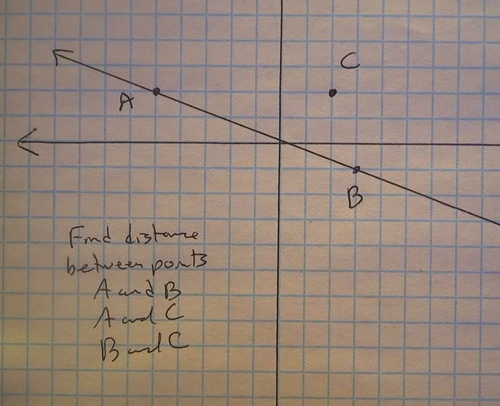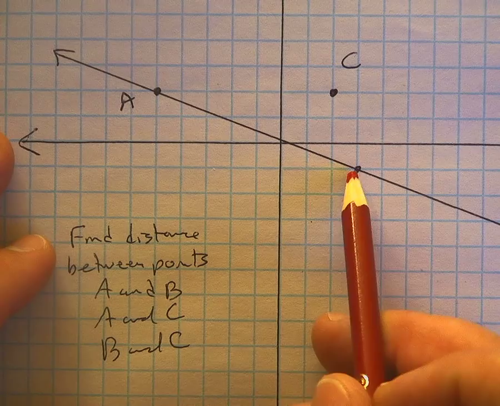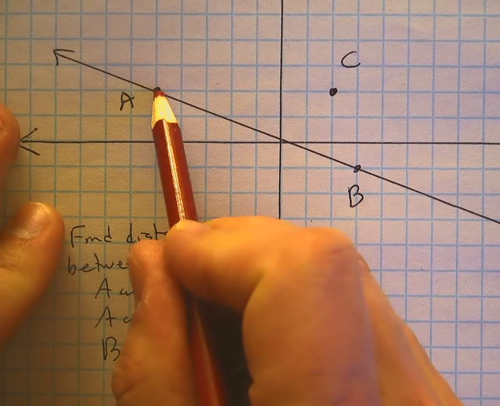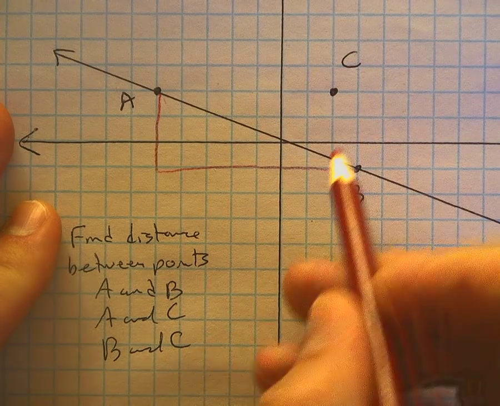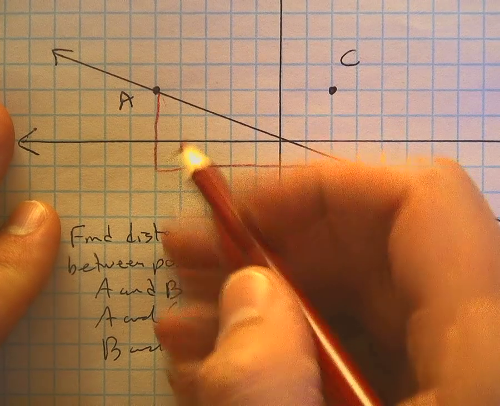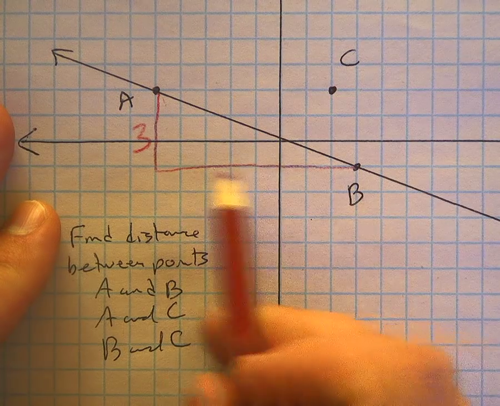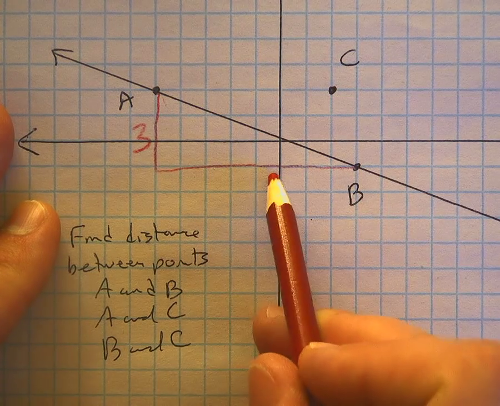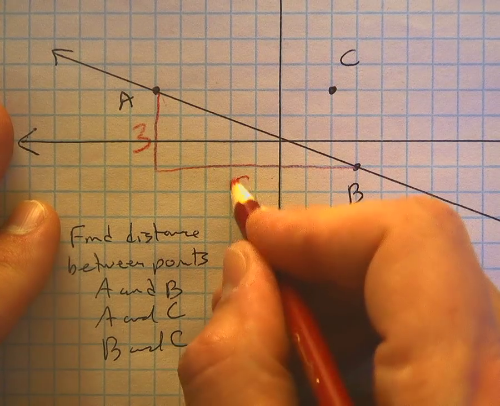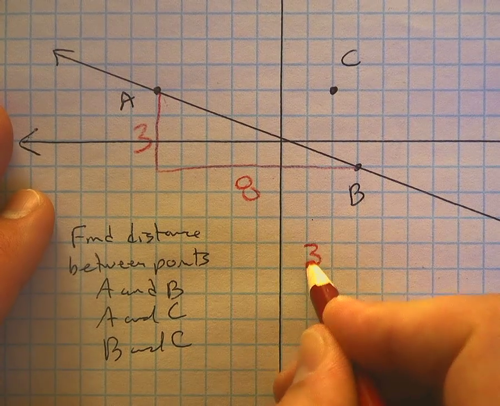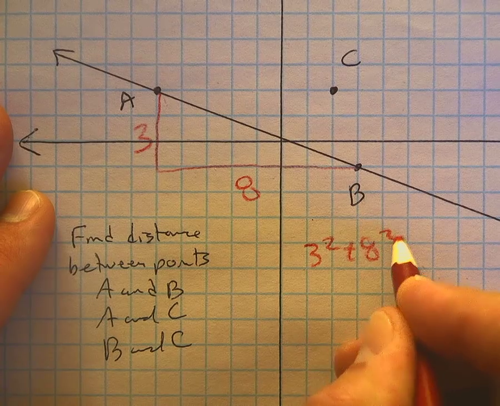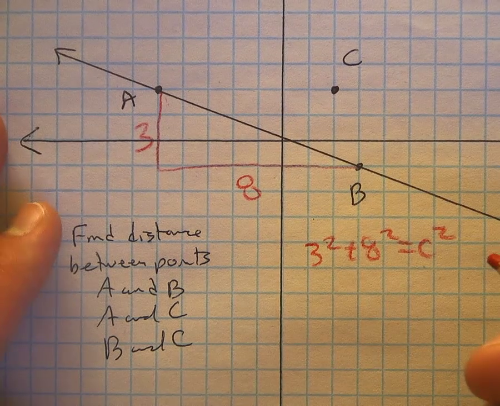One thing you could do is use the Pythagorean theorem. So from A to B, I could make myself a right triangle. You can see I'm going down 1, 2, 3 spaces here, and I'm going over 1, 2, 3, 4, 5, 6, 7, 8 spaces here. So I could take 3 squared plus 8 squared equals c squared using the Pythagorean theorem, right?